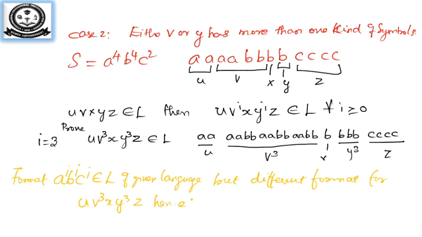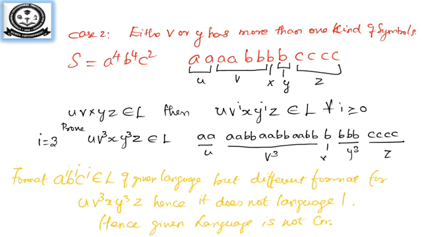Hence it does not belong to the language. And condition 1 of the pumping lemma fails. Hence the given language is not context free. So this is how we prove a language is not context free using the pumping lemma.